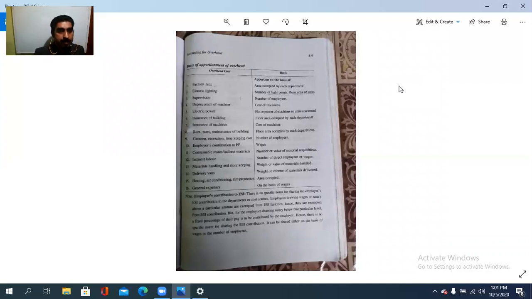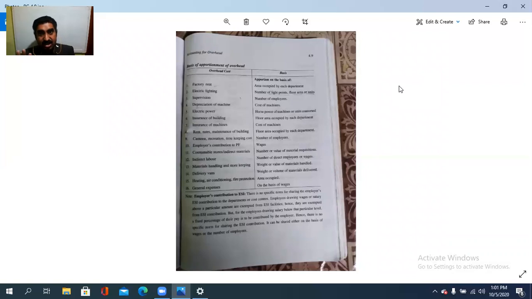That is, work overhead related to works, factory overhead related to the factory, administration overhead related to administration, selling and distribution expenses, like that. On that basis, there is the collection, classification, then apportionment and allocation of overhead.